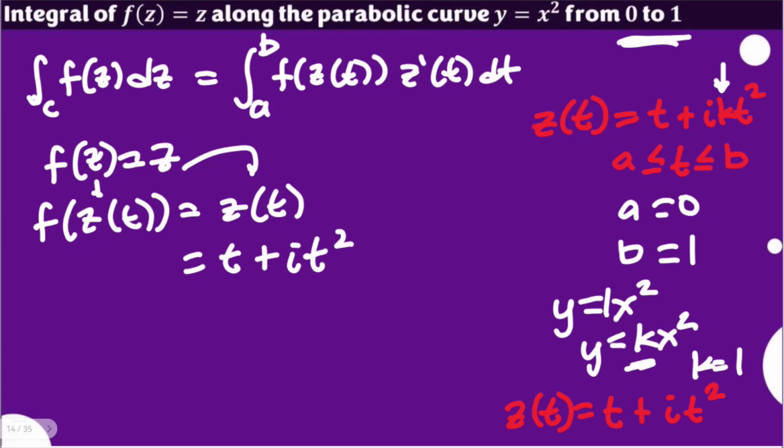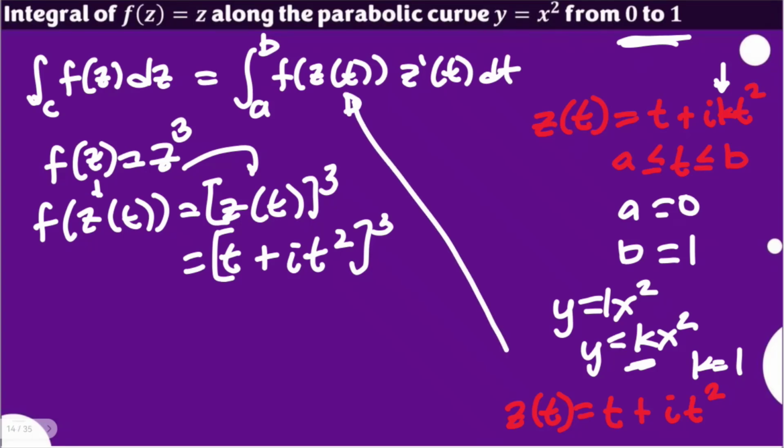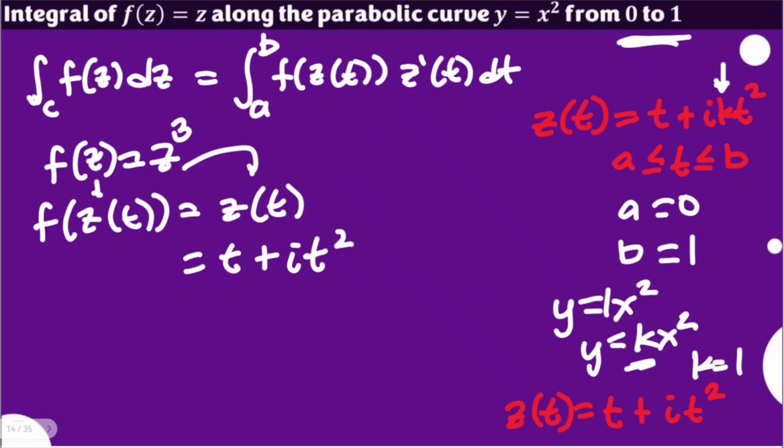As mentioned, you can substitute that there, but that is not always the case, because what if this is z cubed? That would mean we're going to cube this and cube this. So substituting automatically is not true for all, only for this example where the given function is z itself.